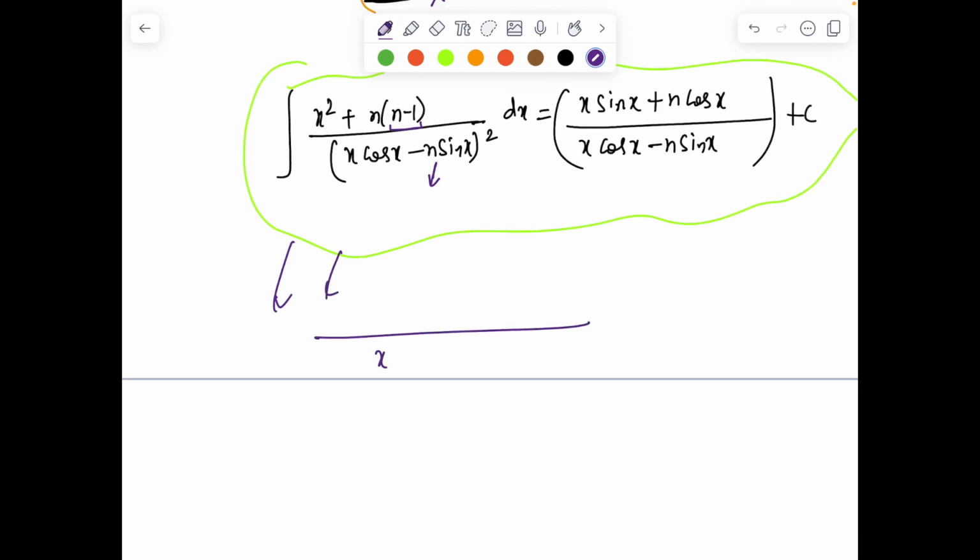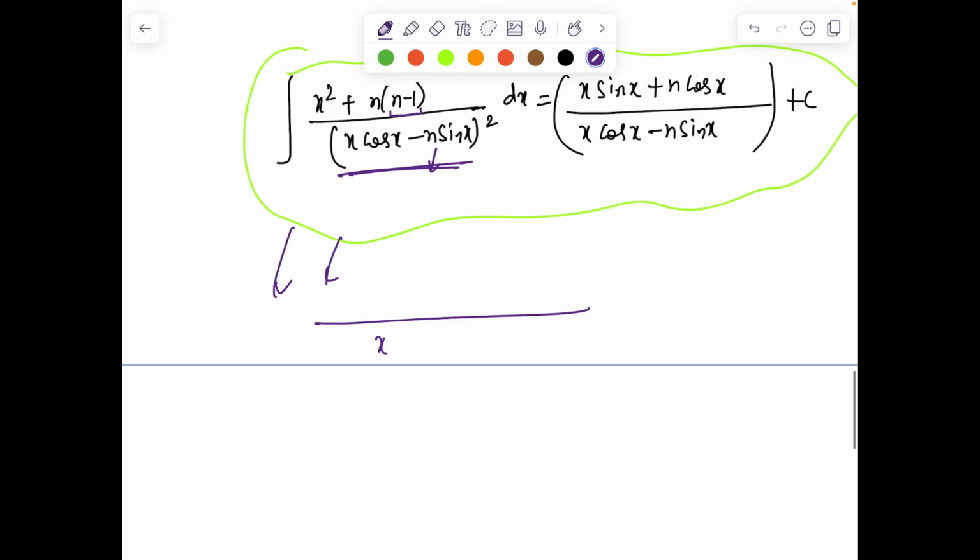So what I was trying to do is multiply this denominator by x to the power n minus 1, because if I bring n into x to the power n minus 1, its derivative can produce n minus 1.